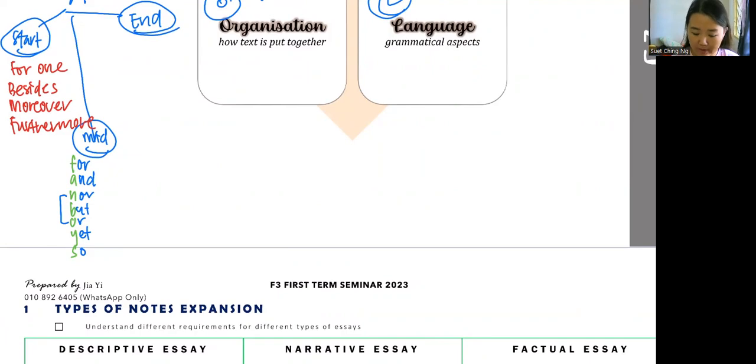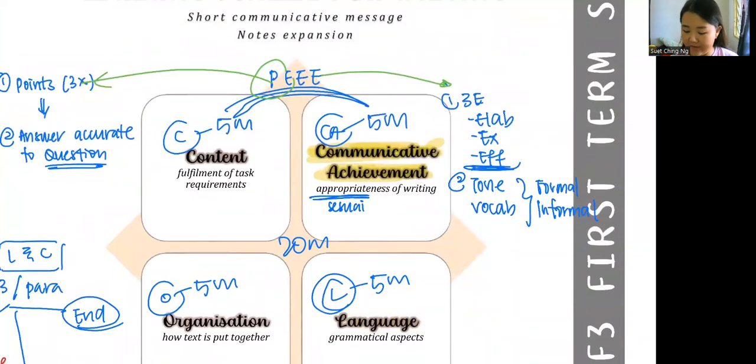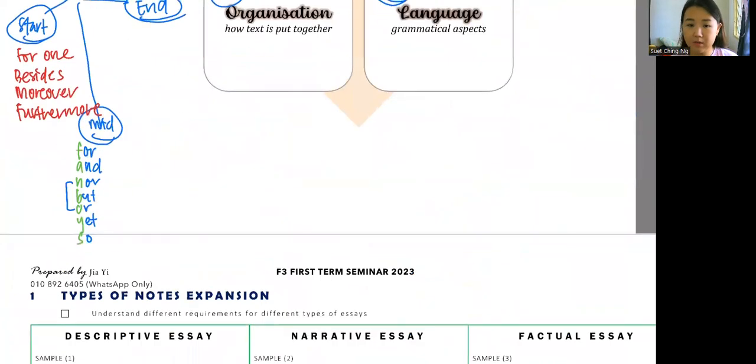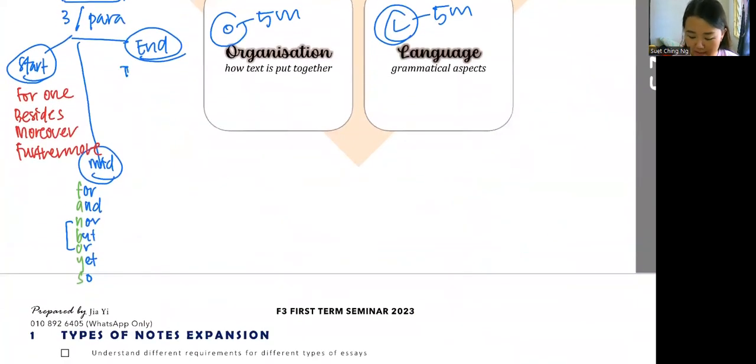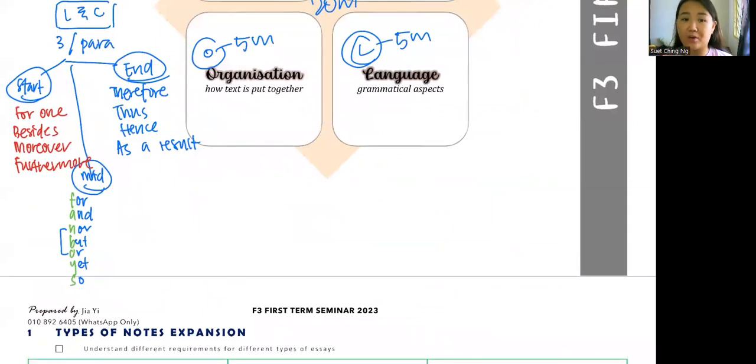Okay. Now we're going to move on with the end. As you end your elaboration in terms of your effect here. Okay. In terms of your effect, what can you do? You can do words like therefore, thus, hence, as a result.